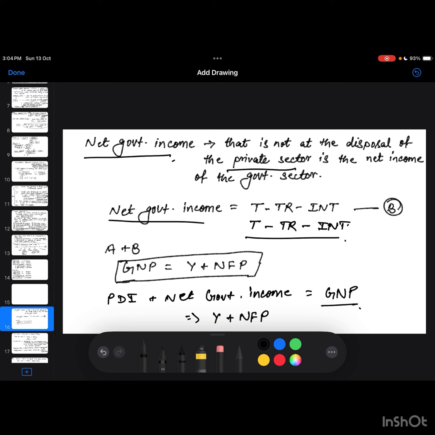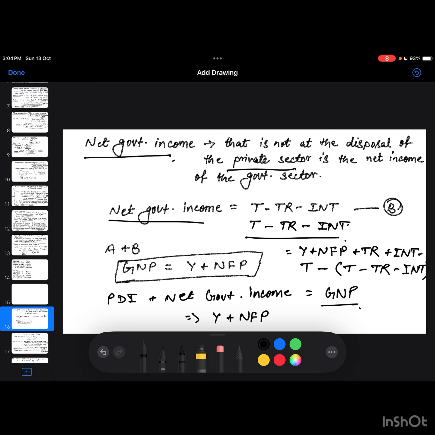If we see it in equation form, then we can see it as Y plus NFP plus TR plus INT minus transfers, taxes minus transfers minus interest payment.